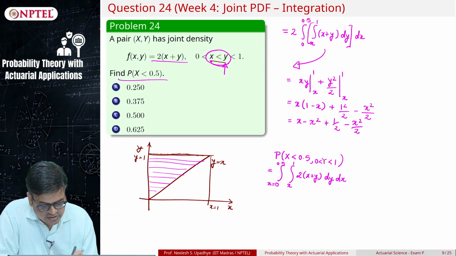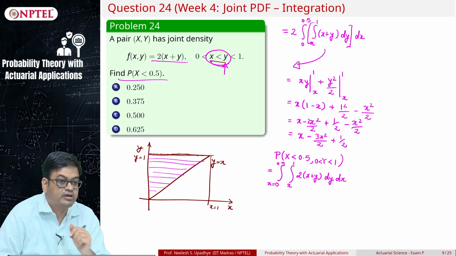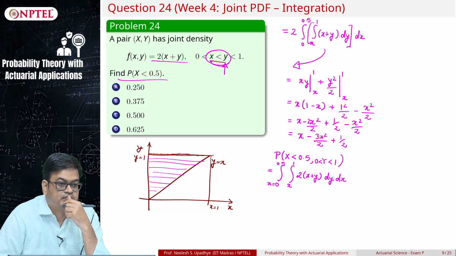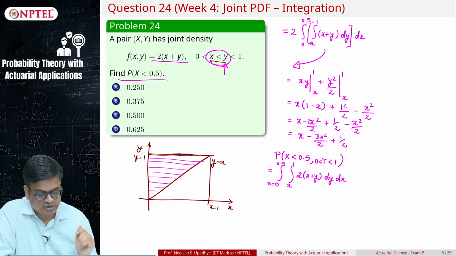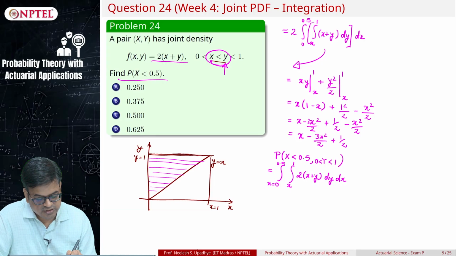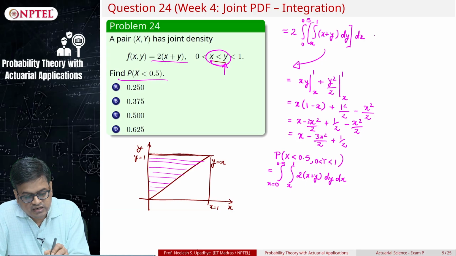So, x square minus x square, this gives me x minus 2x square by 2, minus 3x square by 2, plus 1 by 2, okay. Okay, so this is correct. So x minus 3x square by 2 plus 1 by 2, and therefore this inner integral is actually evaluated.